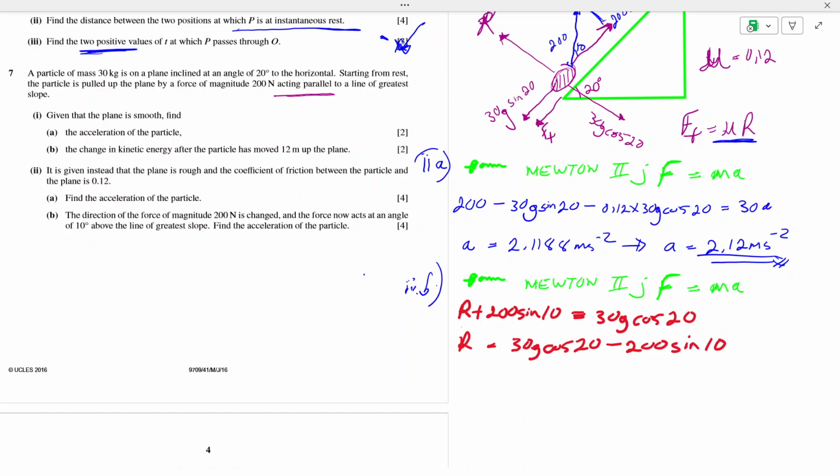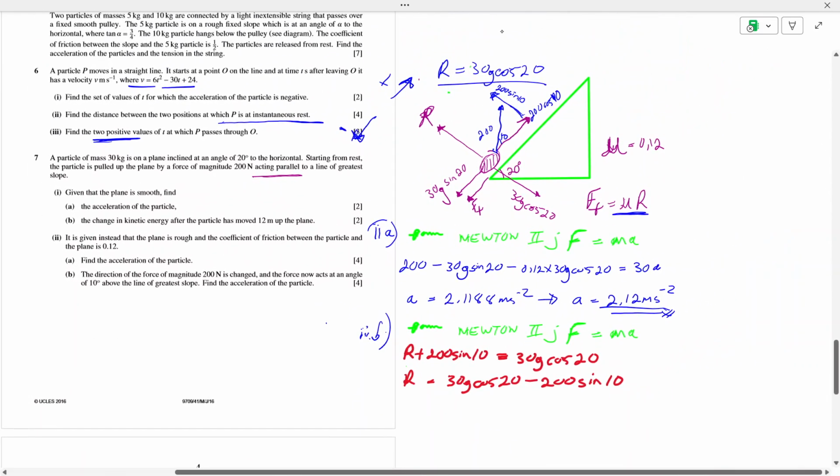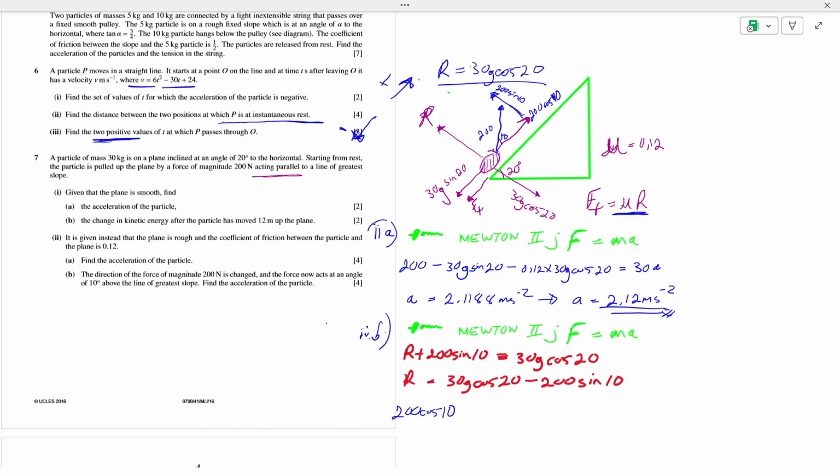Now with that we can calculate our acceleration. So it's going to be the force upwards, this one, 200 cos 10, right, minus the force acting down, which is still this one, 30g sin 20. Then I'm going to subtract the frictional force, this one.